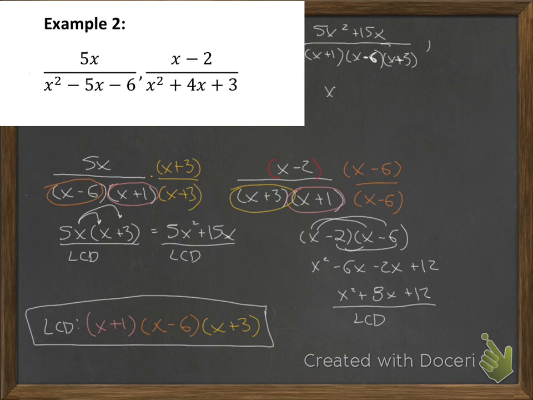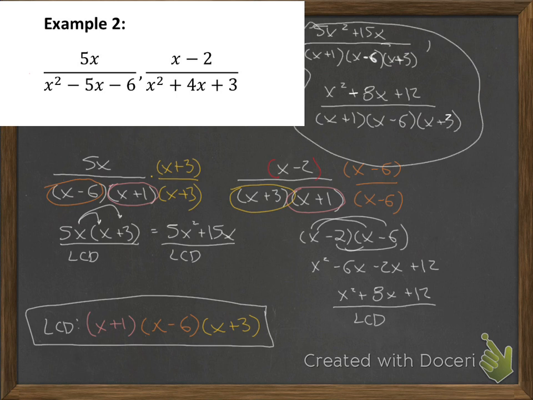The second fraction is x squared plus 8x plus 12 all over our LCD, which of course is x plus 1 times x minus 6 times x plus 3. So this is your second set of answers. Again, the first part asks you to just find the LCD. The second part asks you to change both fractions so that they have the same denominator.